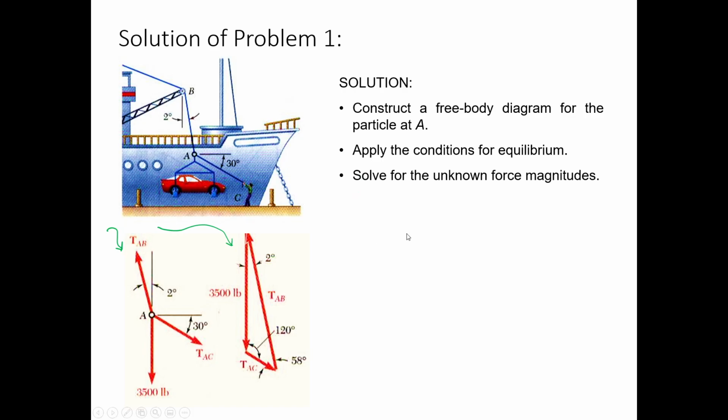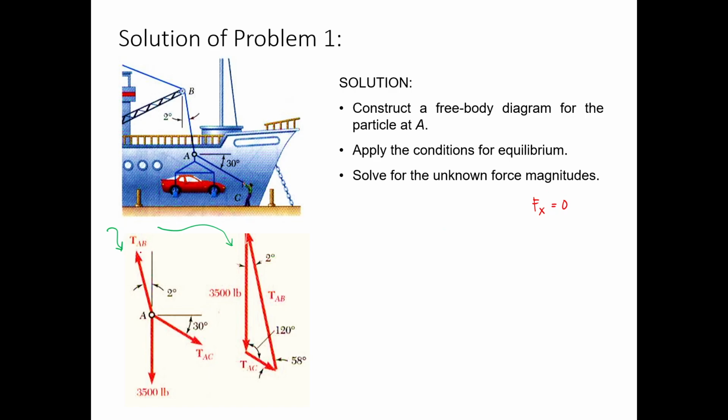Okay, so we can solve it using the summation of forces equals 0 as what we have determined earlier. So let's try to write it here. Summation of forces of x equals 0.